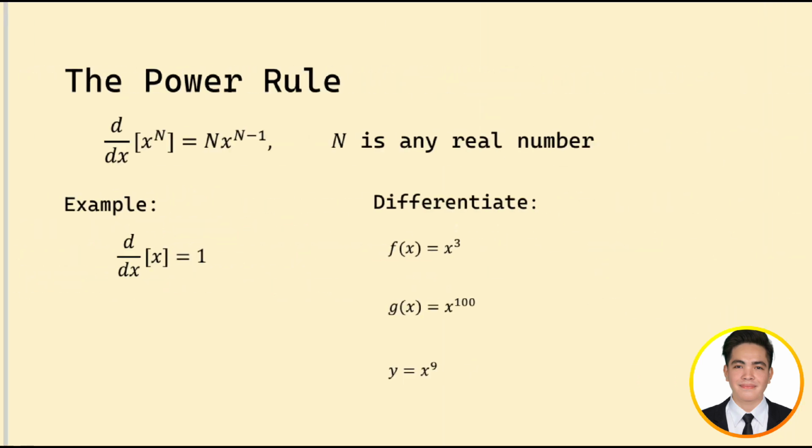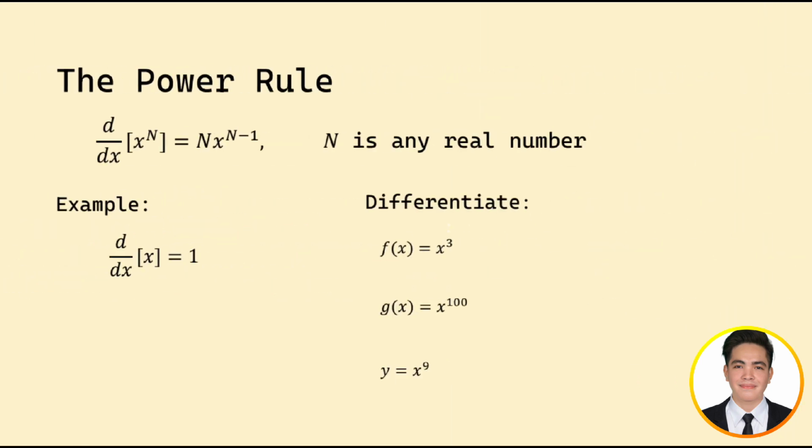So let's talk about them one by one. Let's start with the power rule. The power rule is given as the derivative of this function with respect to x is equal to n times x raised to n minus 1. N here is any real number.